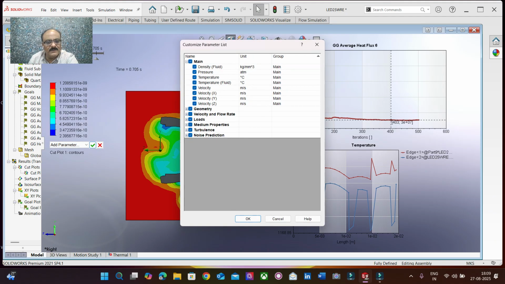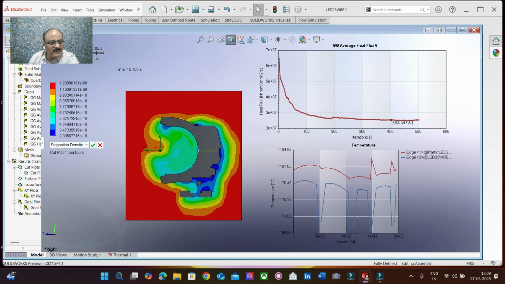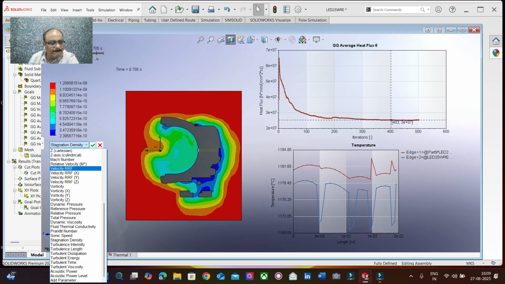Let's see what are the other parameters here. Dynamic pressure is again going to be the same pressure, the relative pressure. And then we have found the fluid.